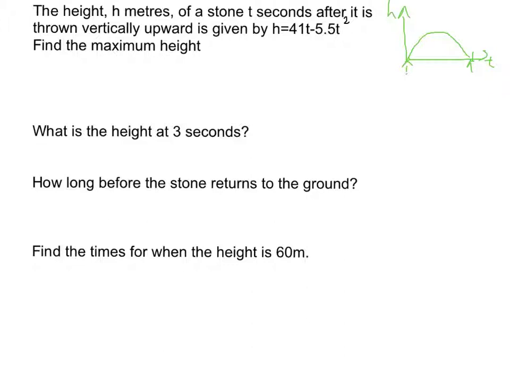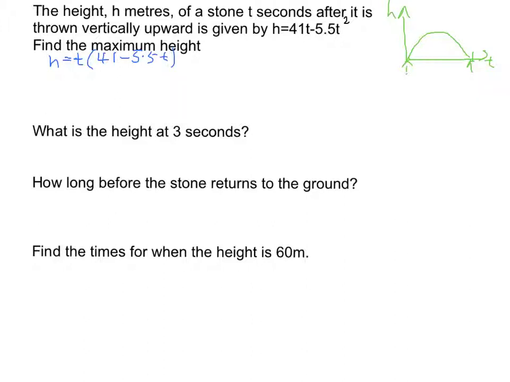So h will be equal to, I can see that t goes into both of those, so t is a common factor, comes out the front, and then we're left with 41 take away 5.5 t inside the bracket.